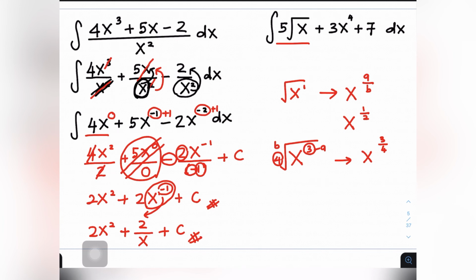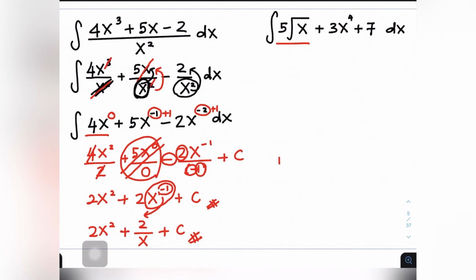And every time you want to do a process of differentiation and a process of integration, you cannot do these two processes with root. You need to change first the root to become a power. So now we want to change our root to become a power so that we can do a process of integration.